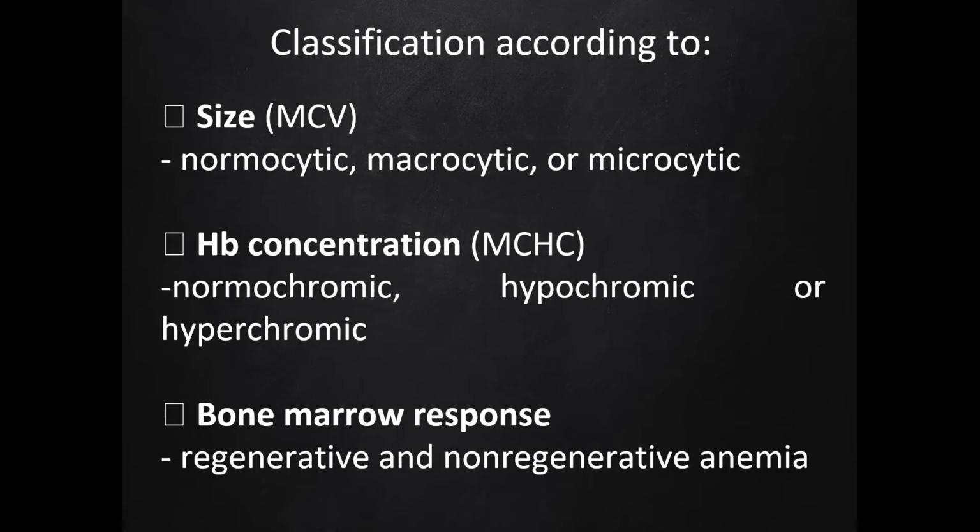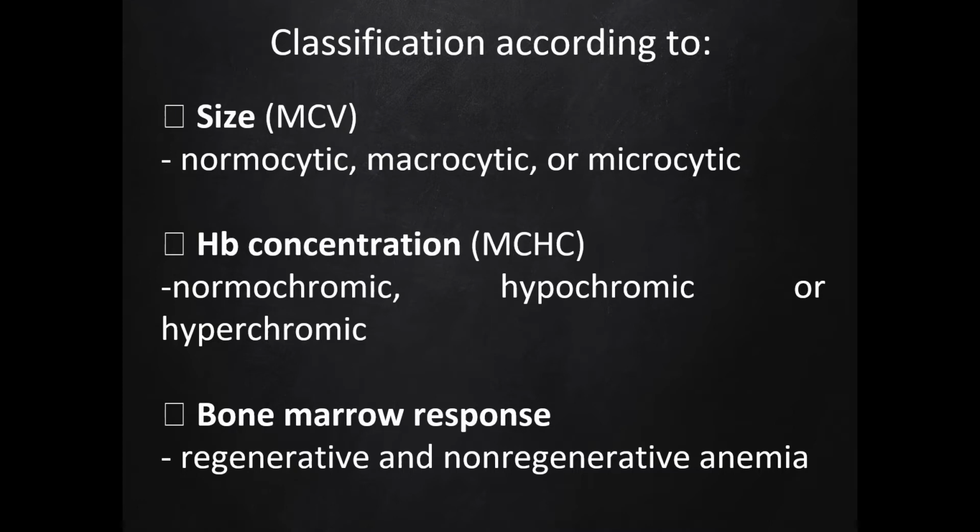If there is a higher MCV, you can see a macrocytic condition. When there is a normal MCV, there is normocytic or normal size of the red blood cells. When there is a low MCV, you can see microcytic, meaning the red blood cells are small.